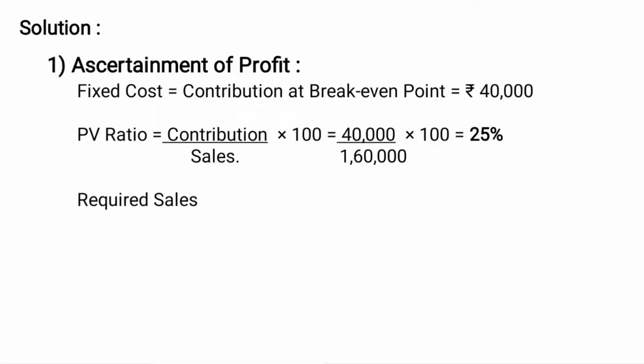So required sales is equal to fixed cost plus profit, which is desired profit, divided by PV ratio.